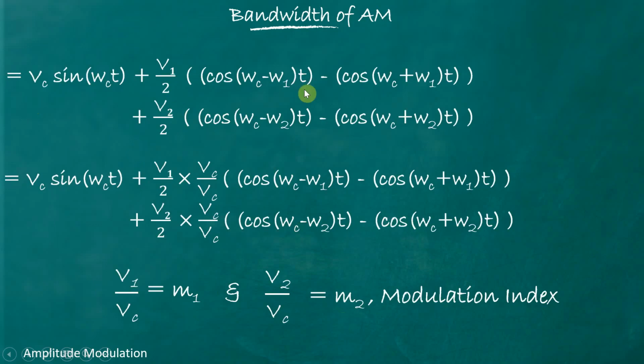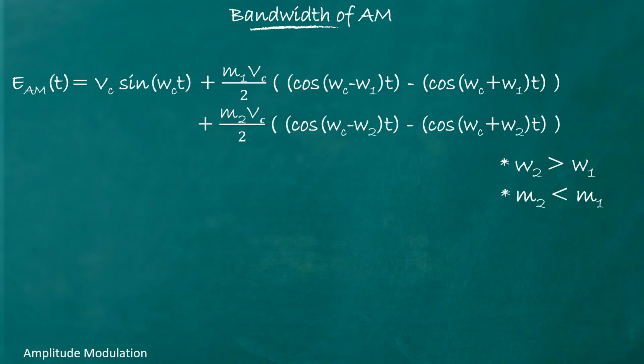Then multiply and divide by Vc in this equation for the last two terms, where you can see V1 by Vc and V2 by Vc. Let us assume V1 by Vc is equal to m1 and V2 by Vc is equal to m2. These ratios V1 upon Vc and V2 upon Vc are known as modulation indices.